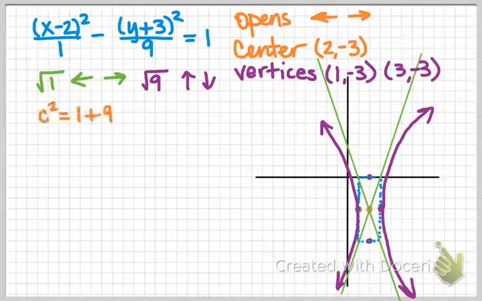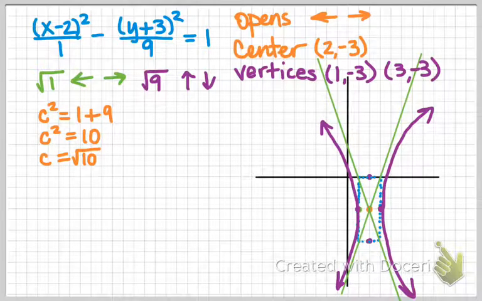To find my focus points, c squared equals 1 plus 9, or c squared equals 10, so then c equals the square root of 10. The square root of 10 is just a little bit more than 3, so we're going to go a little over 3 spaces from the center, left and right, for my focus points. So since those were left and right, then I need to add and subtract the square root of 10 to my center.